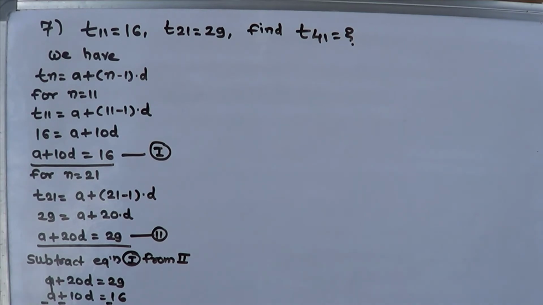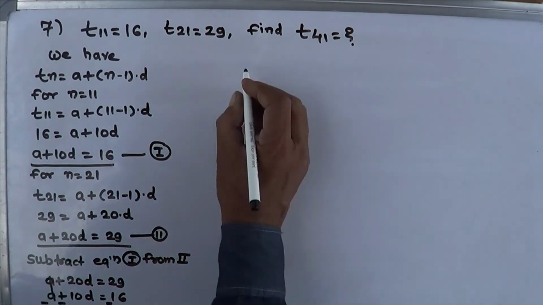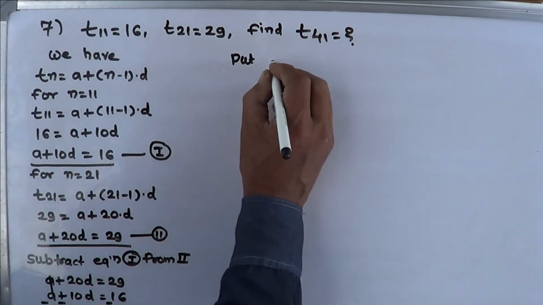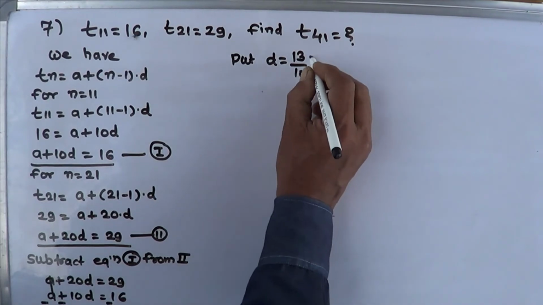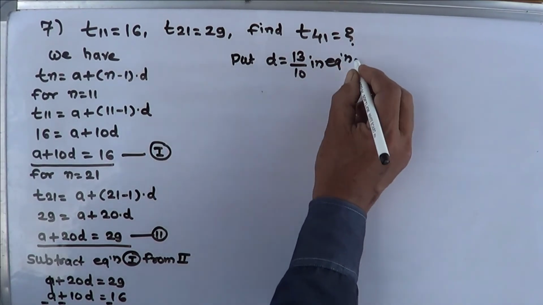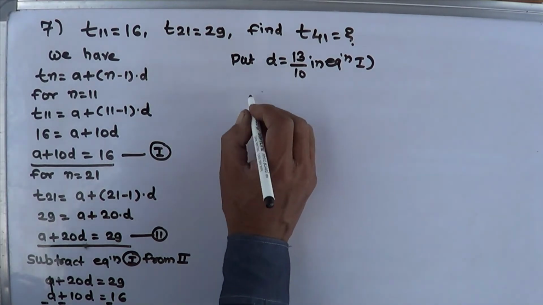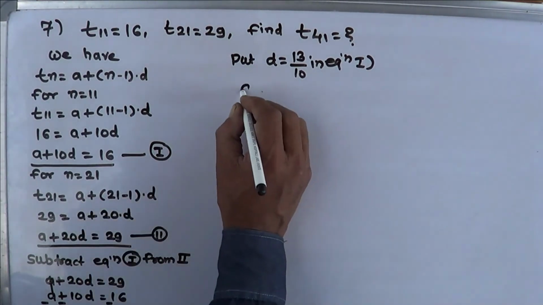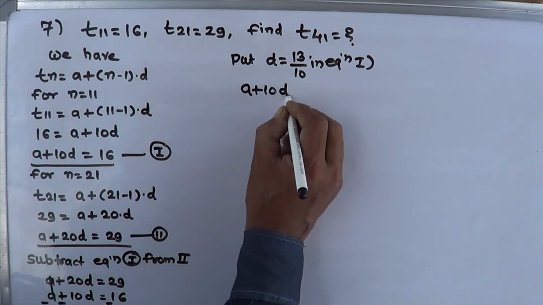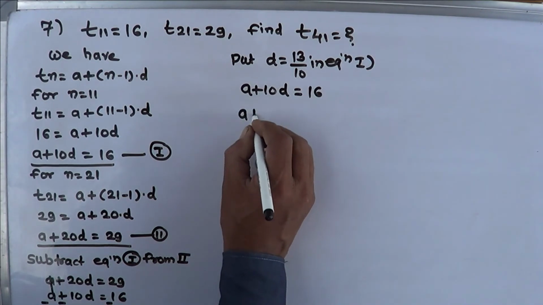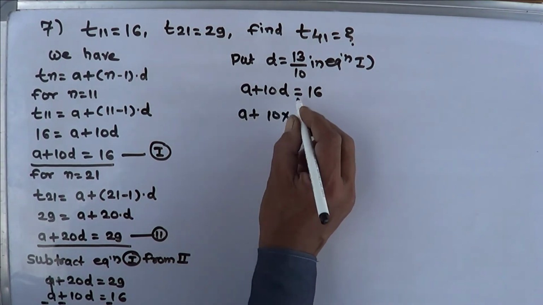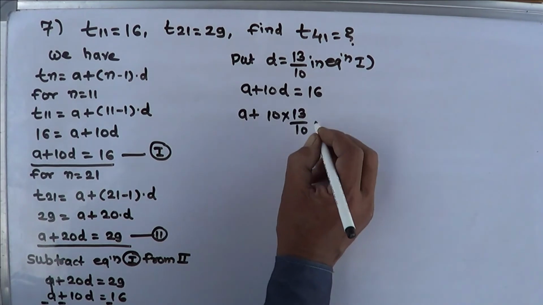Now we can find a with the help of equation 1 or 2. So we will put the value of d in the first equation. Put d equal to 13 upon 10 in the first equation. Our first equation is a plus 10d equal to 16. So a plus 10, the value of d is 13 by 10, equal to 16.